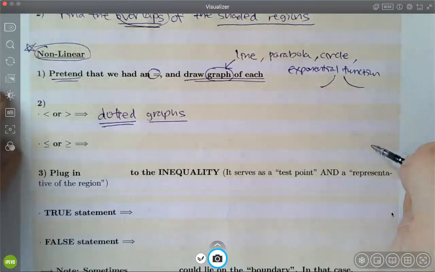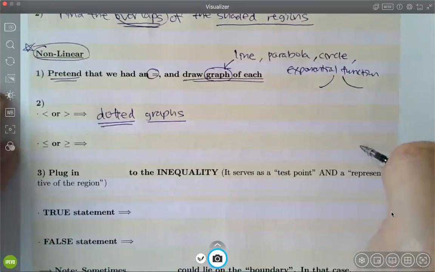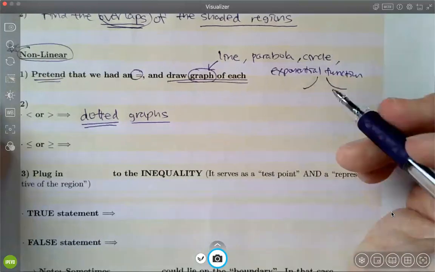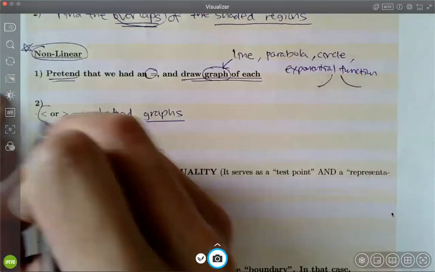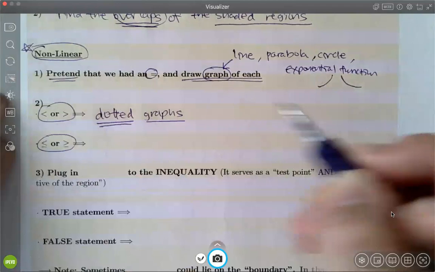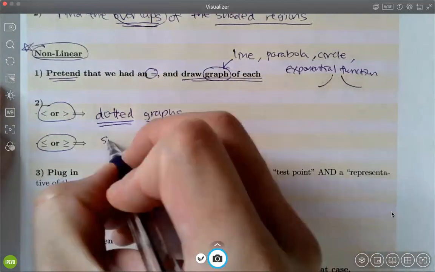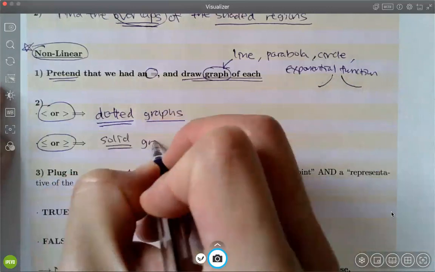So we may see a dotted parabola, a dotted circle, or dotted exponential curves. And then for less than or equal to or greater than or equal to, we will see solid graphs. Okay, so same thing.